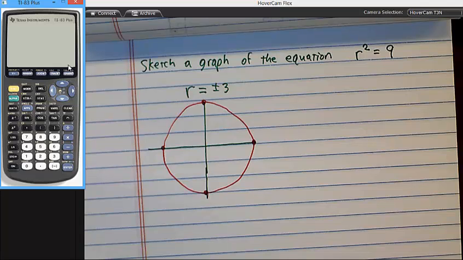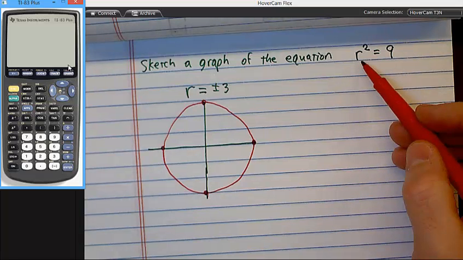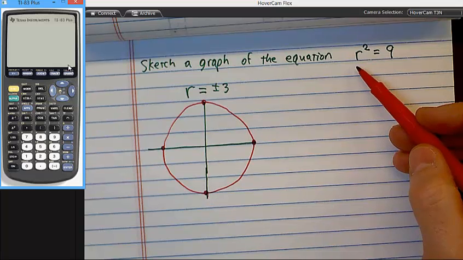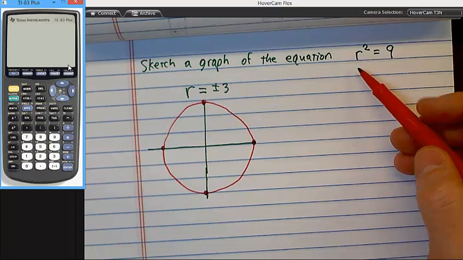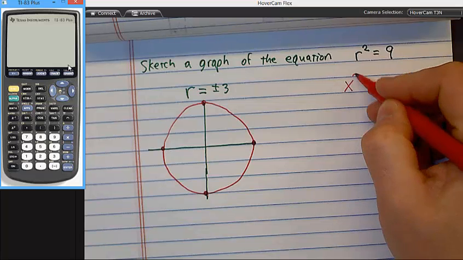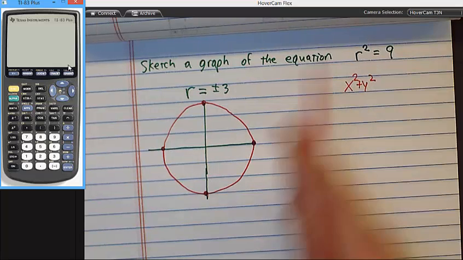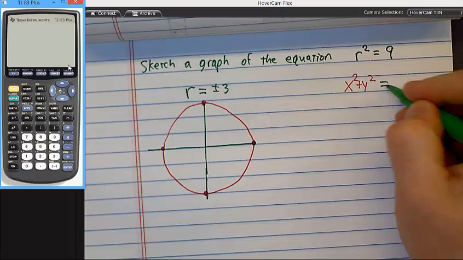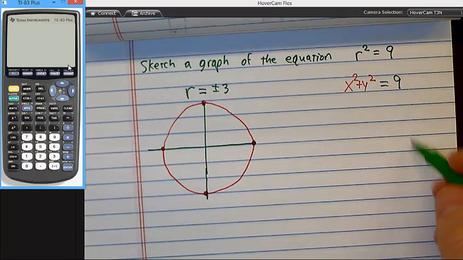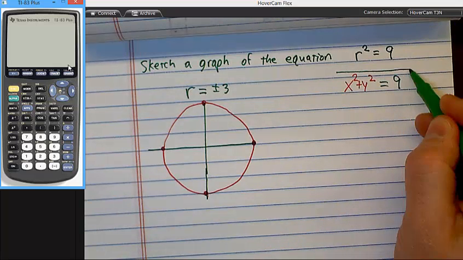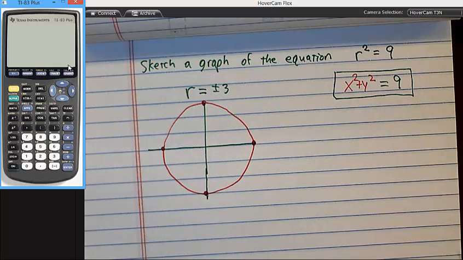By the way, remember one of those equations we had about r squared. What does r squared equal, according to your gray box right there? X squared plus y squared also equals 9. Do you guys recognize this equation from your college algebra class? What's that the equation of?